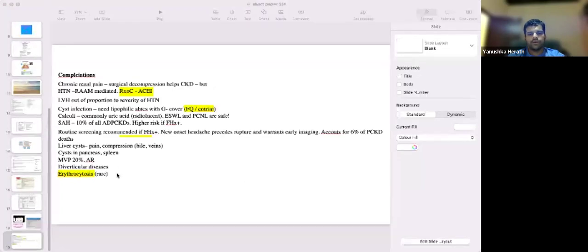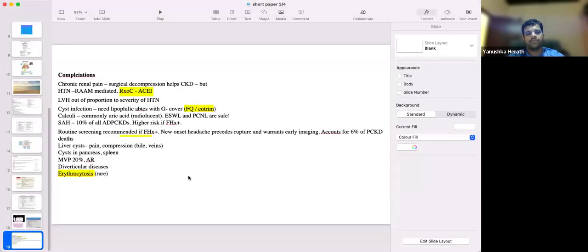Recurrent UTIs are quite common, but the important thing is they can have cyst infections. It's very difficult to treat those because antibiotics don't penetrate the cyst, and they can have cyst ruptures. Other things: they can have cysts in the liver and pancreas, some are associated with mitral valve prolapse, and they can also have polycythemia.